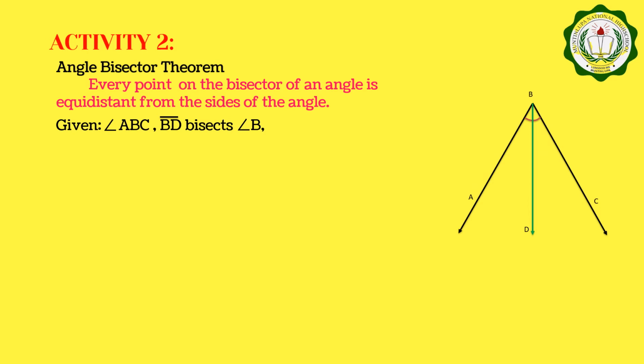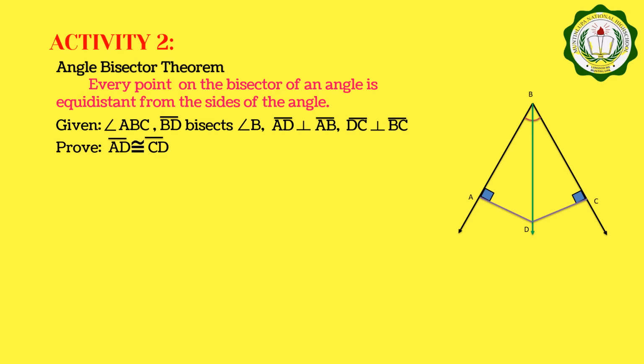Then we construct segment AD perpendicular to segment AB, and segment DC perpendicular to segment BC. Okay, what we will prove is that segment AD is congruent to segment DC.